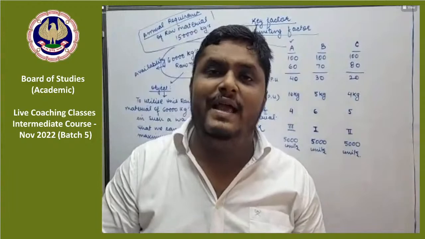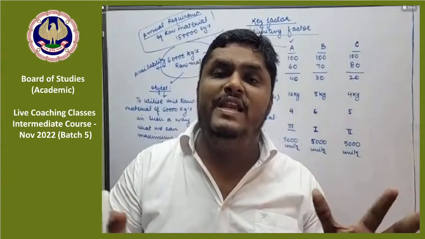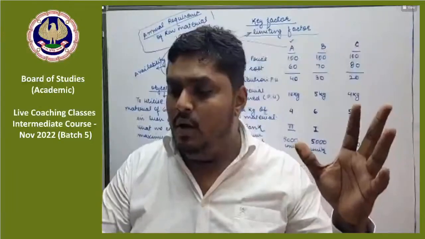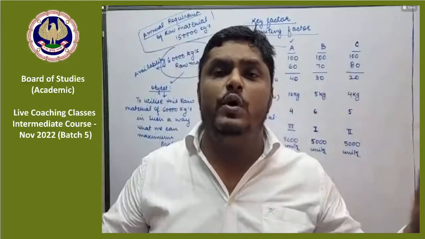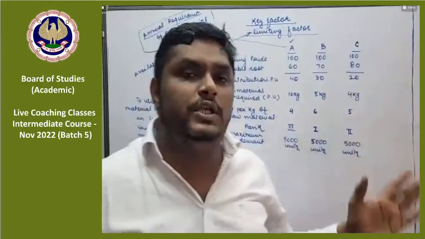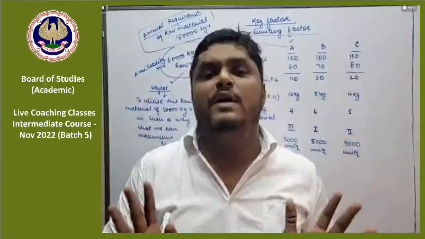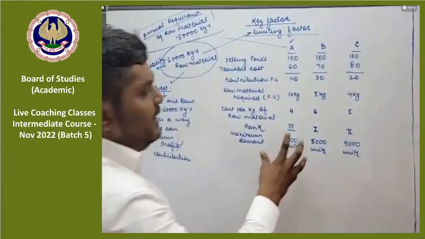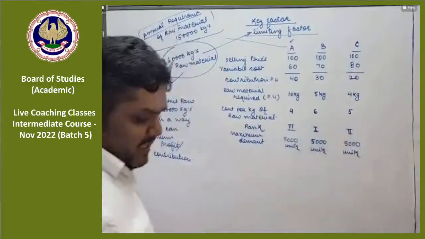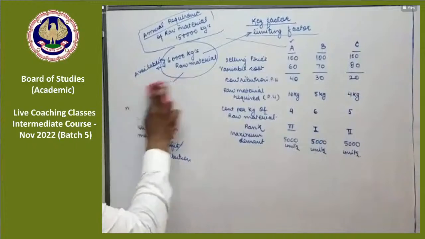Let's take a situation wherein it is given that not more than 5,000 units can be sold in the market. Now, how many units of product A, B, and C should be manufactured? So very simple, guys.